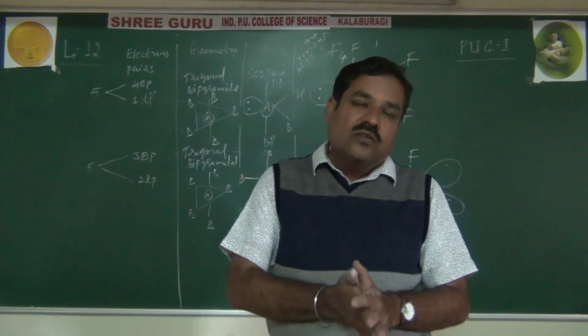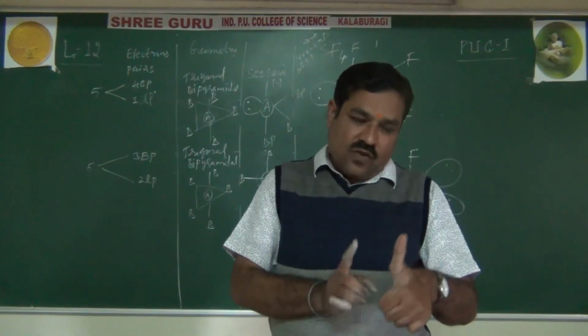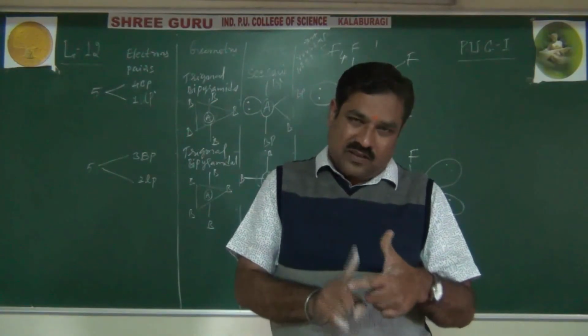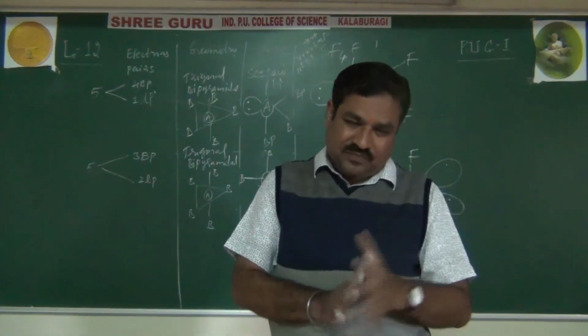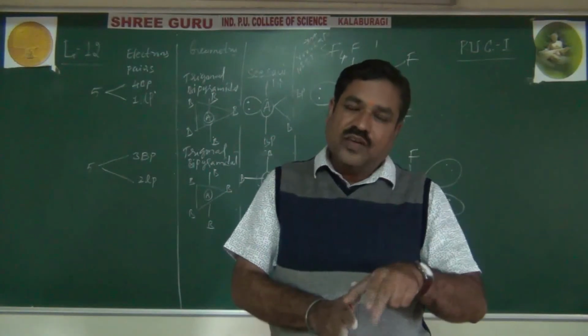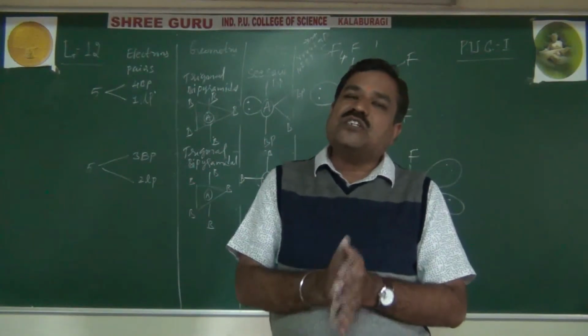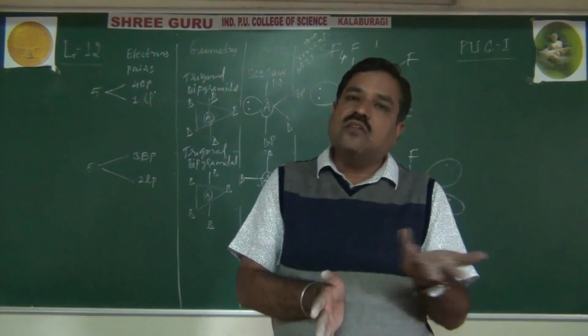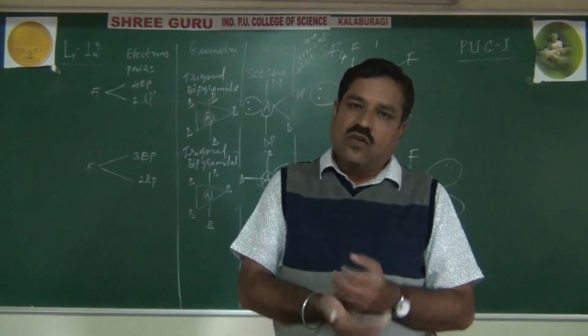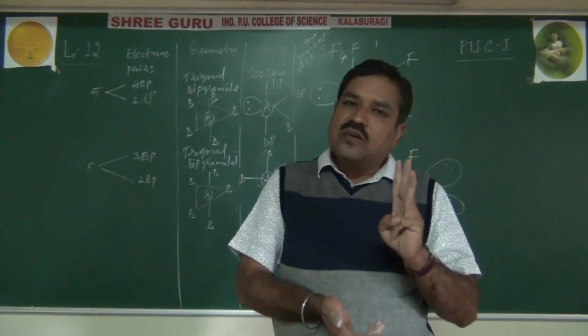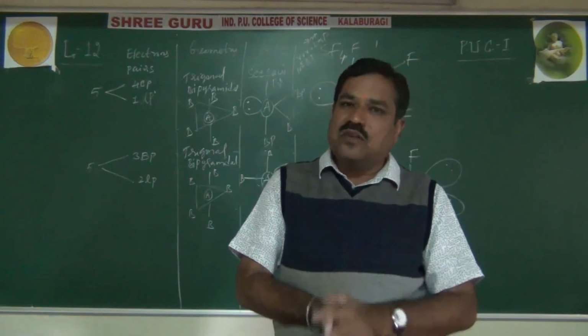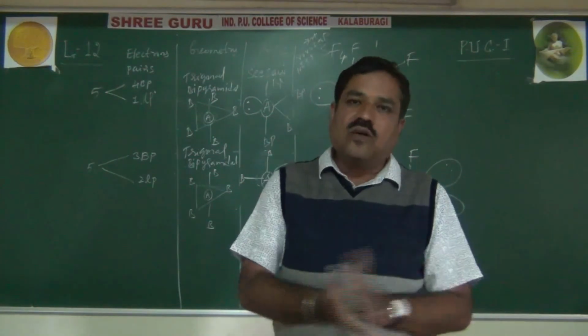If out of 4, 3 are bonding pairs and 1 lone pair, it is trigonal pyramidal, as in ammonia. 2 bond pairs and 2 lone pairs is once again bent, V shape or angular shape. The best example is water. So in 4 there are 2 probabilities, in 3 only 1 probability, and in 2 there are no probabilities.